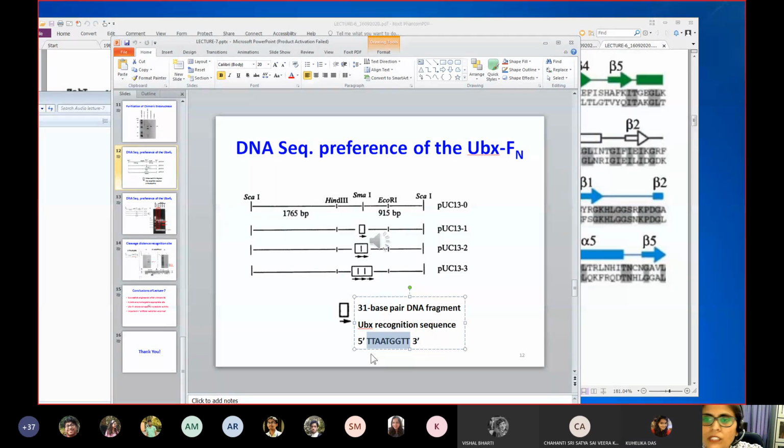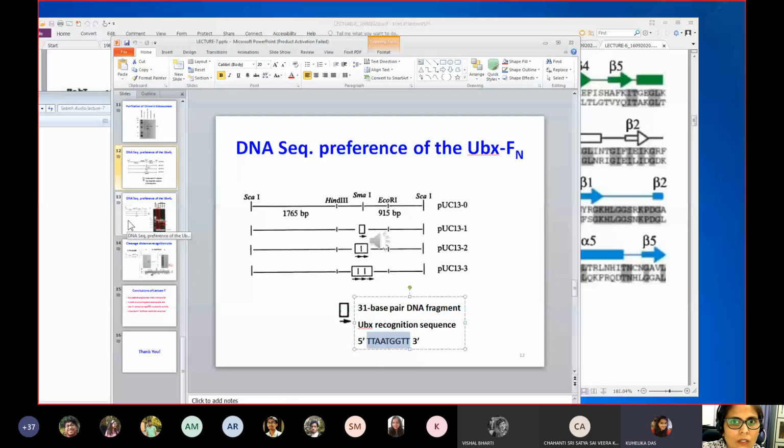There is some kind of degeneracy in the recognition sequence. So there is either CC, and later in this paper they have used a TT at the end. Don't confuse yourself. If this is used as the sequence, then you can believe this is the sequence.